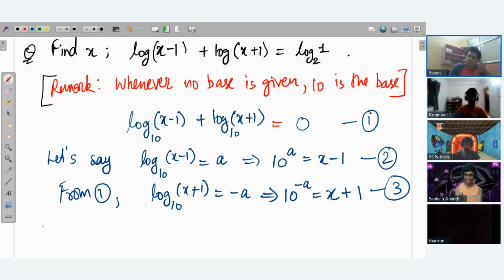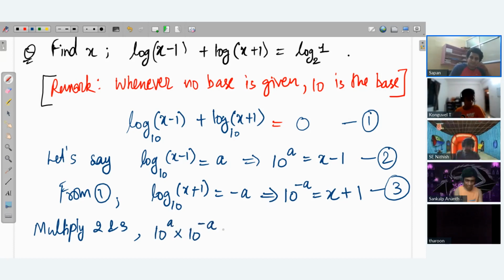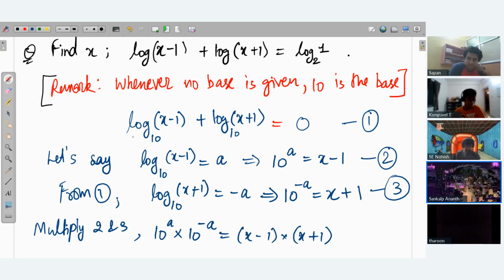Okay, so multiply 2 and 3. What do you get? 10 raised to the power a into 10 raised to the power minus a equal to x minus 1 into x plus 1. Correct? Yes, sir.